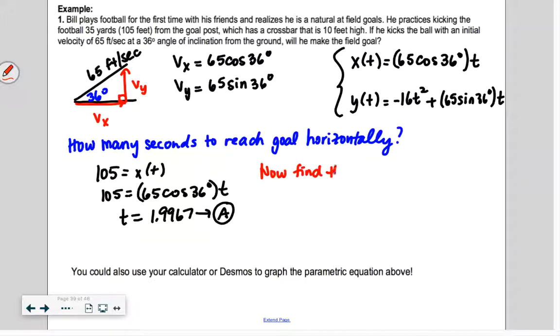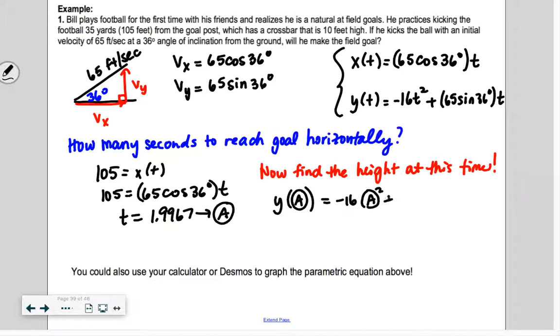Now I find the height at this time. So I'm going to plug it in here. I'm going to find y of that a value that I just stored. So I'm going to have negative 16 times whatever I stored as a, plus 65 sine of 36 times whatever I stored as a.